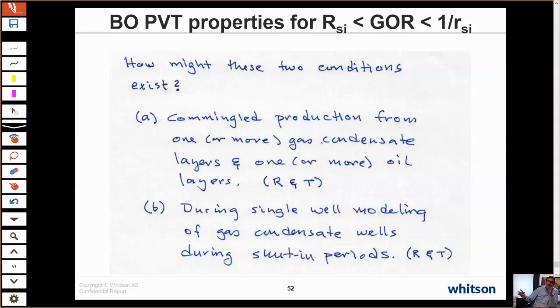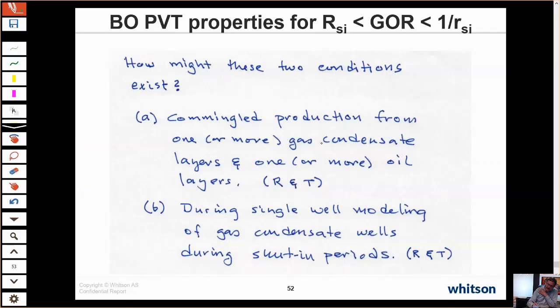So for depletion, each zone has the black oil table, no problem, okay? Because you always hit the bubble point or the dew point and you go to lower pressures. But what happens if they're commingled when you shut the well in? You start getting oil moving into the gas zone or gas moving into the oil zone, and it goes to high pressures when you shut it in.